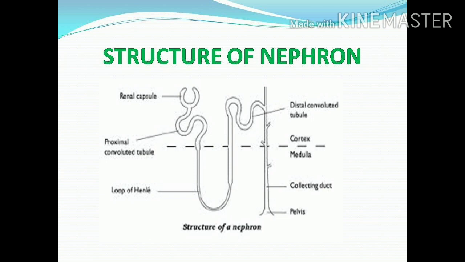Here you can observe that the Bowman's capsule, PCT and DCT are in the same line, meaning they lie in the renal cortex region, and they are the highly convoluted parts of the nephron.